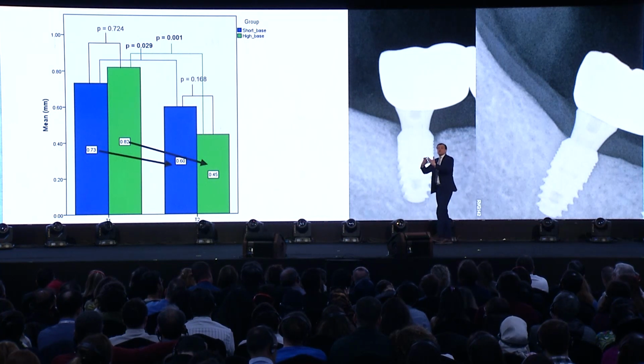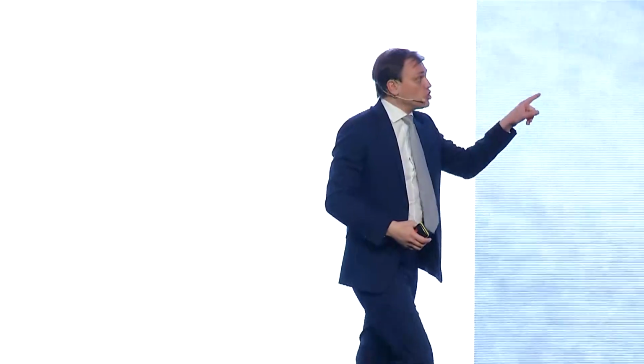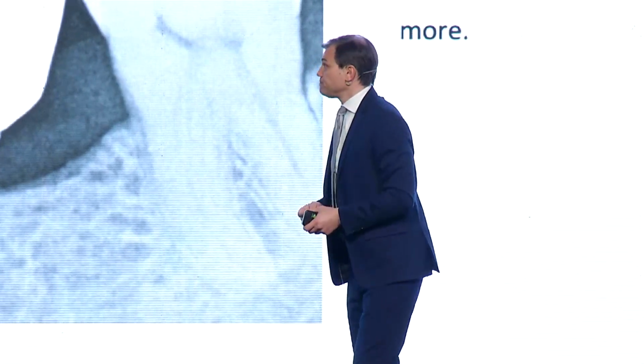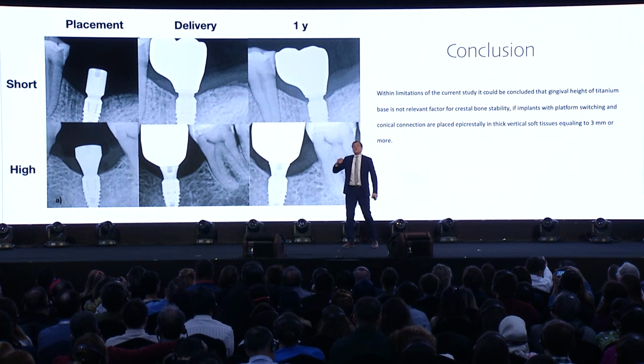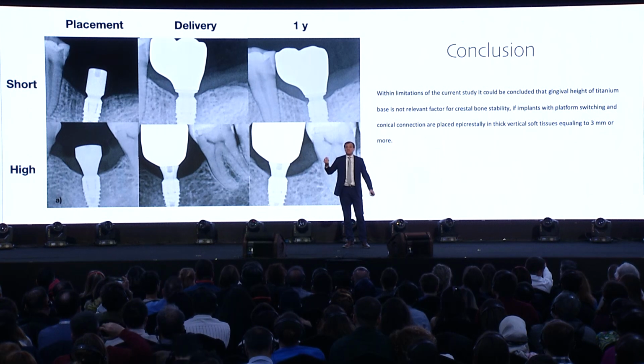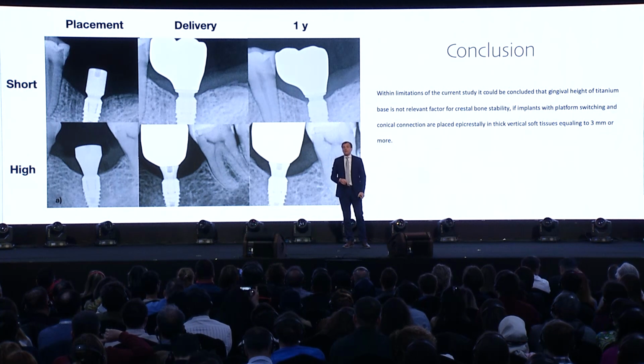The bone just grew. Again, why? As I said, sufficient tissue thickness, because the patients are in the thick type, and also implant properties, factors which allow this remineralization. So we made the conclusion from the study that we really do not have a magic number for the tie base that you need to follow.